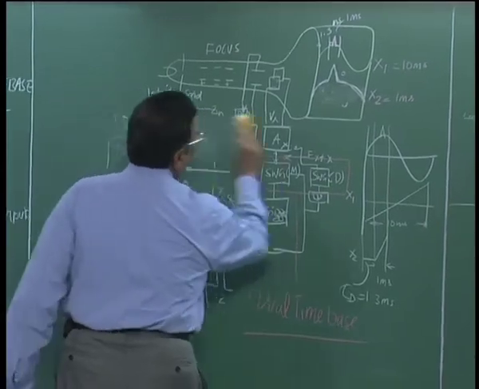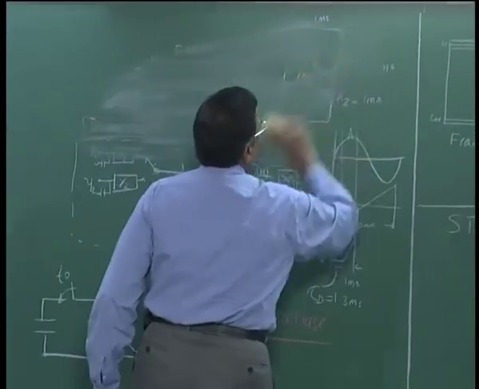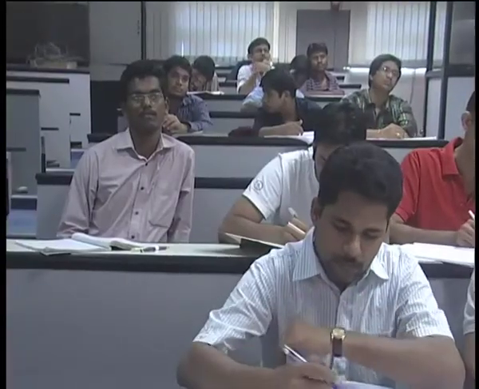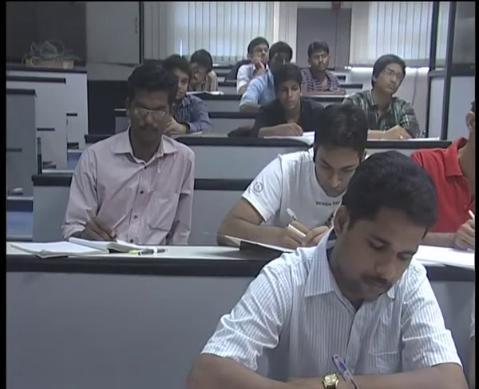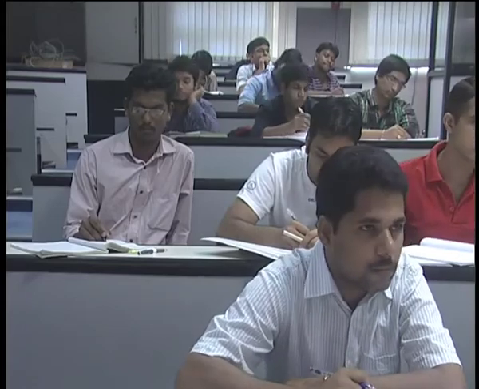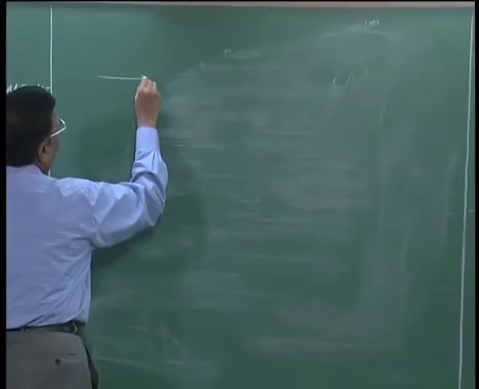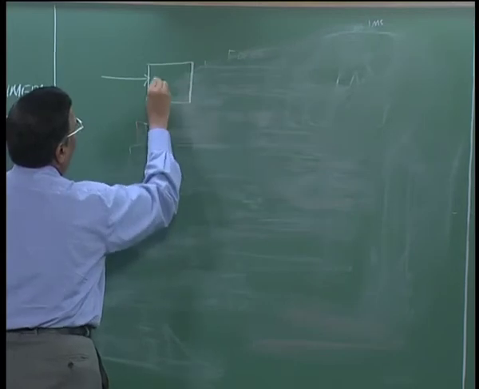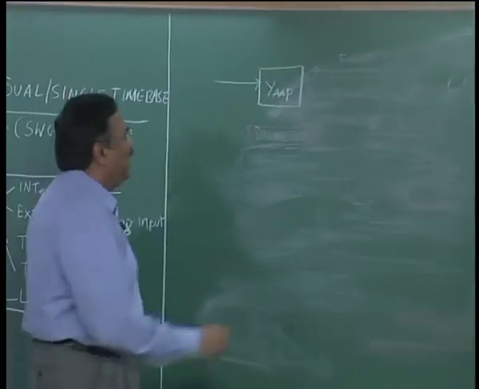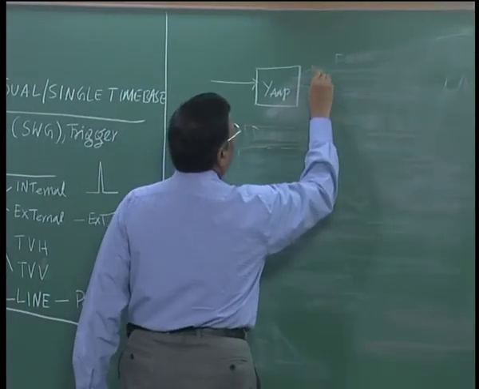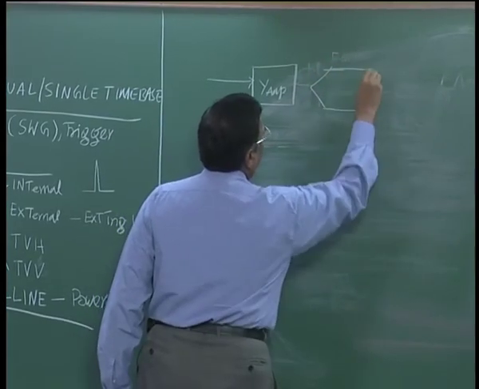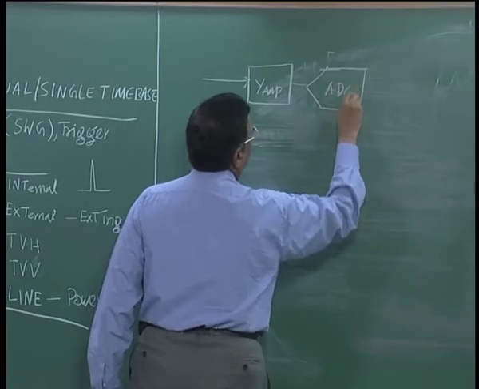The digital storage oscilloscope. So we take the Y input, we have the Y amplifier, right, and then the output is given to an analog to digital converter.